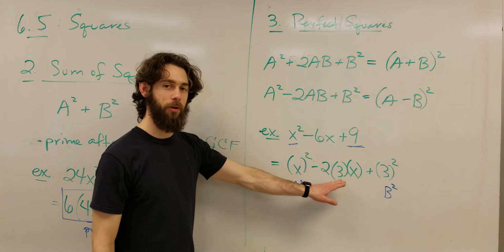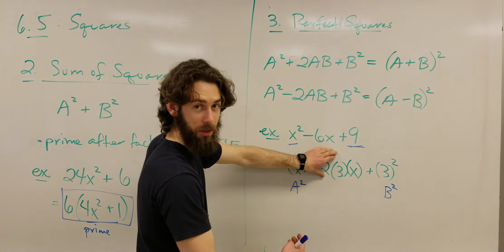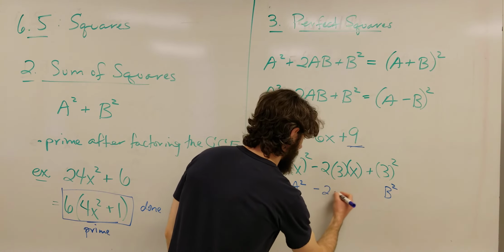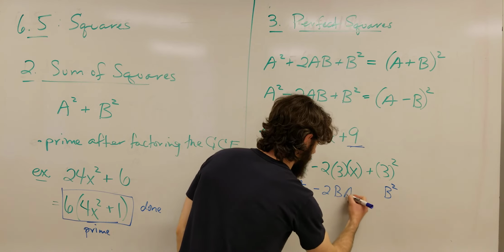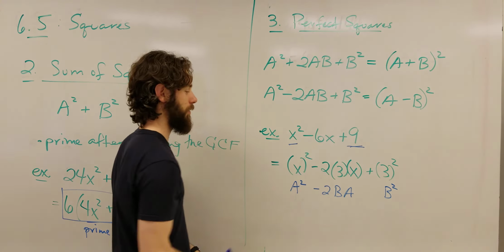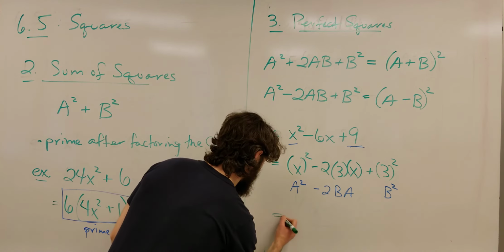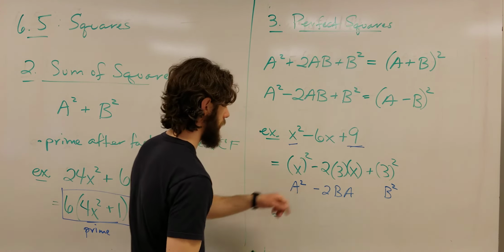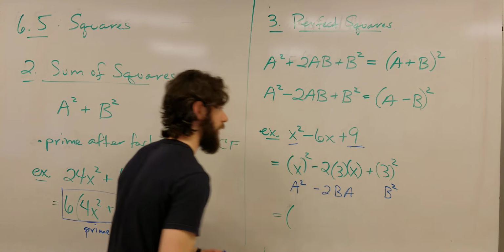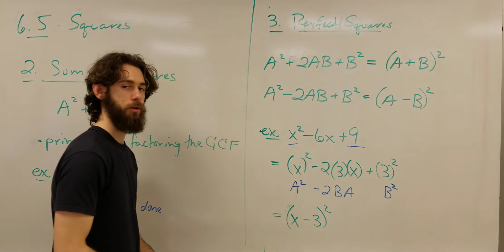And then if I can write the middle term, if I can pull out a 2, and whatever's left is a times b, then I know I have a perfect square. So in this case, the minus 2, that's b times a, just because I wrote the x second. It's still the same thing. So that tells us our factorization should be, with the minus sign, a minus b squared. So x minus 3 all squared.